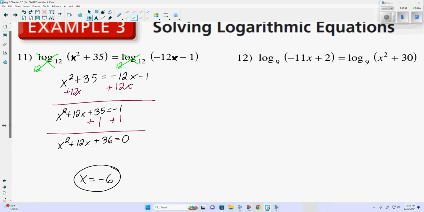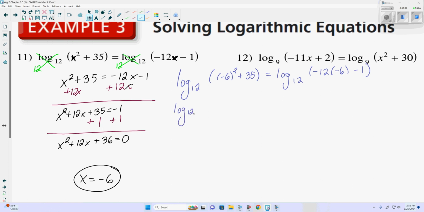And that's it. Now we could plug it back in and check it if we wanted to, because we'd have log base 12 of negative 6 squared plus 35. And we want to see if this is equal to log base 12 of negative 12 times negative 6 minus 1. On the left-hand side, our negative 6 squared is 36 plus 35.